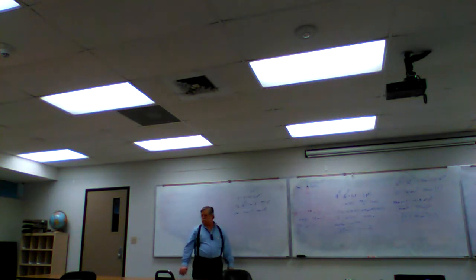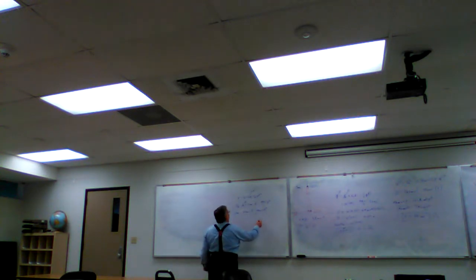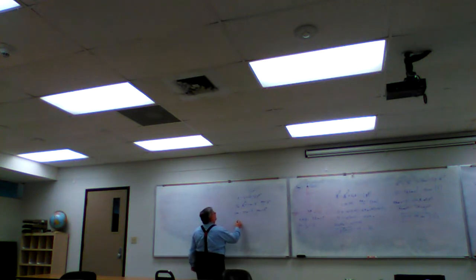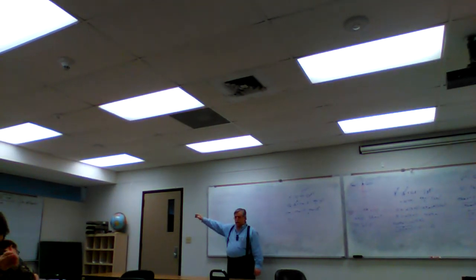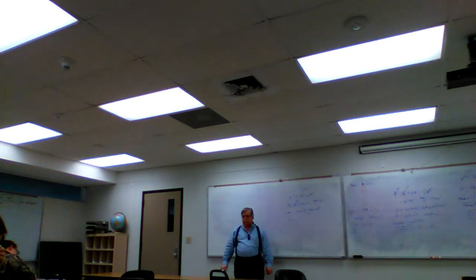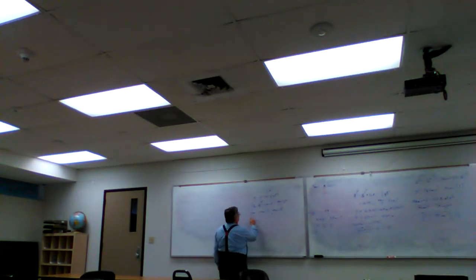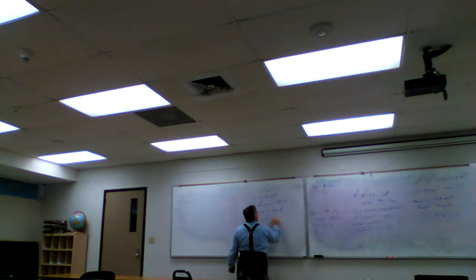Everybody still with me? We're going to subtract 13 meters from both sides of this equation, and we're going to rearrange it so that it is in the standard quadratic form. We end up with 24 meters per second times t minus 4.9 meters per second squared times t squared minus 13 meters.